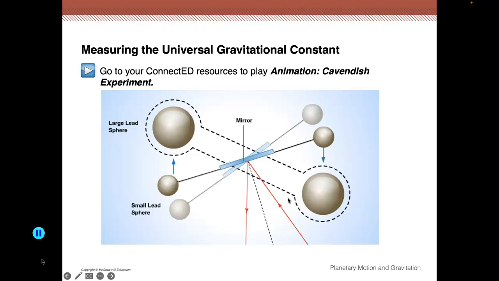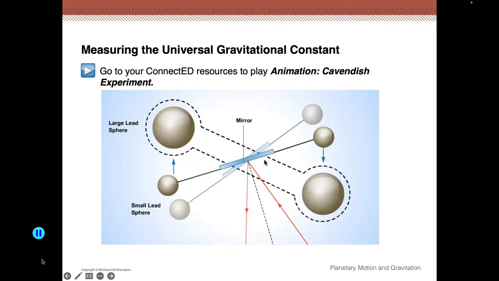And they fixed 2 large lead spheres close to the small ones, and due to the gravitational force, the small lead spheres moved closer towards the large lead spheres. And there was a mirror attached in the center where the rod rotated on a line.